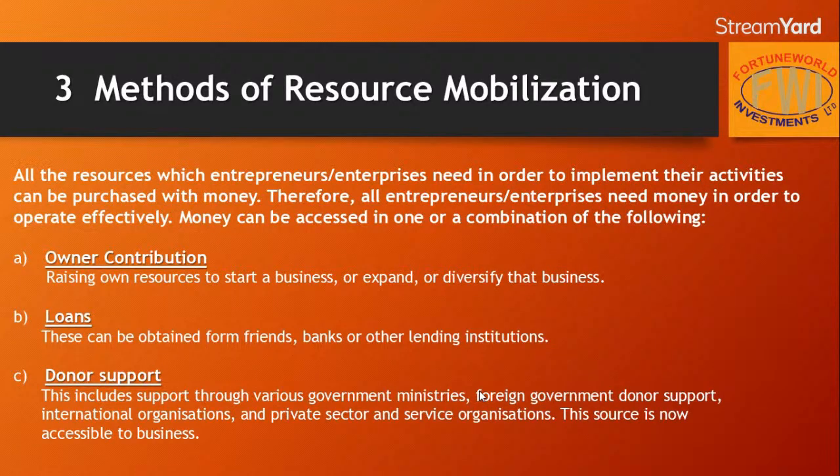Money can be accessed or acquired in one or more of the following. In other words, money can be acquired in very many ways, in different ways, in various ways. But the few examples I'm going to give are adequate for the purpose of this lesson.